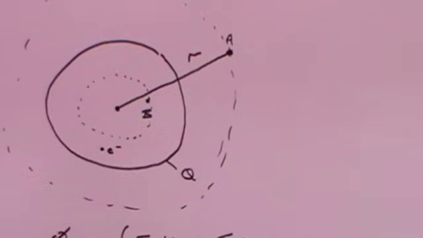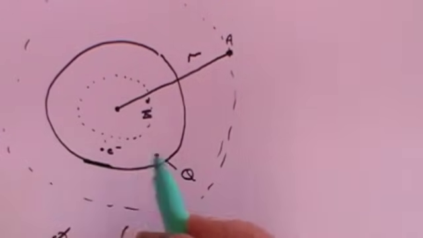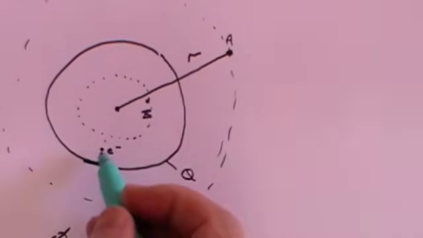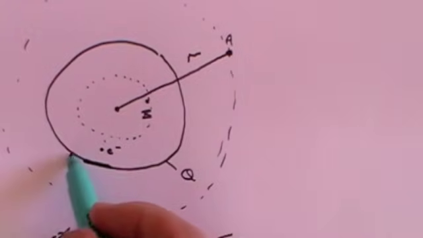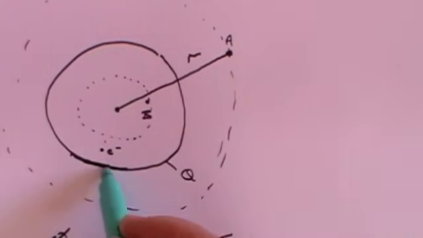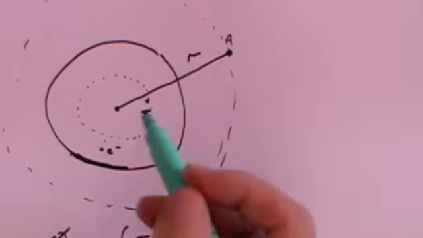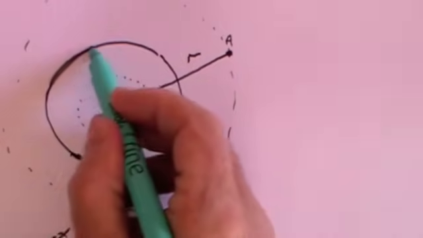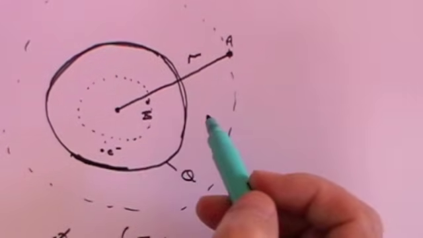You might at first sight think that because the electron is much nearer this part of the sphere, the electron would be attracted to this bit of it. But the point is that although there is a very close charge on this bit of the sphere, there is a much greater charge on the other side of the sphere, but it's further away.